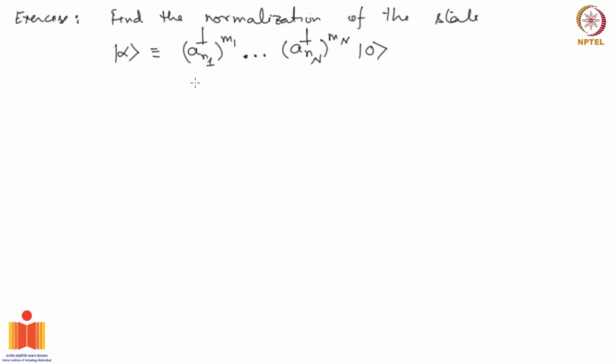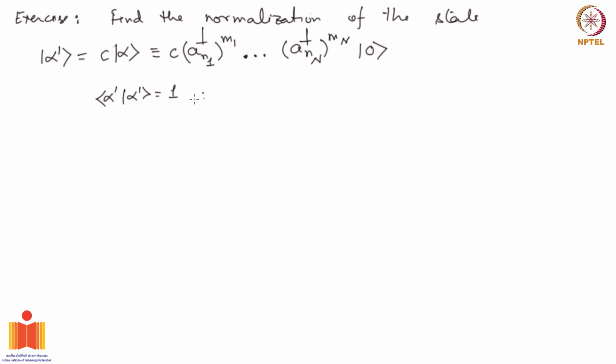Now, of course, this is an eigenstate of the Hamiltonian, just as you saw before. And the goal is to find a constant C, such that C times the ket alpha, let me define it to be alpha prime, so that this state alpha prime is a properly normalized state, meaning find C such that the norm of alpha prime is 1.